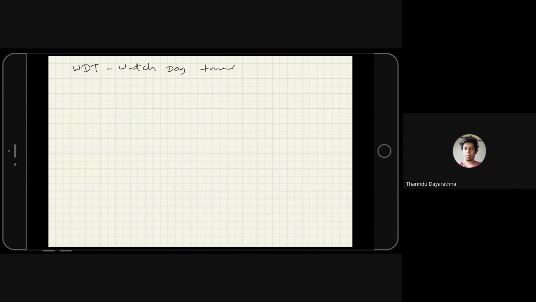If you get a PIC IC, it has an internal watchdog timer. PIC has an internal WDT, watchdog timer. What it does is this. Let's say, okay, let's write some code here.